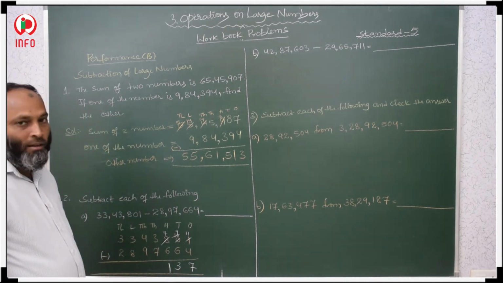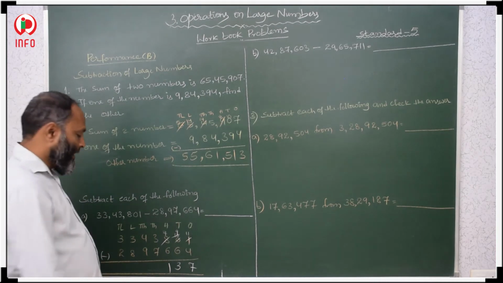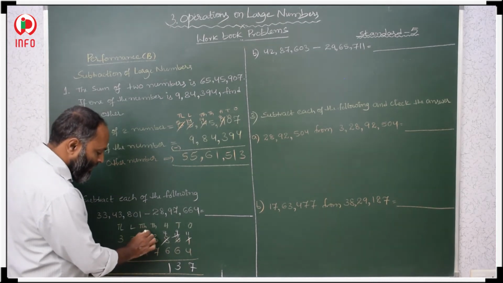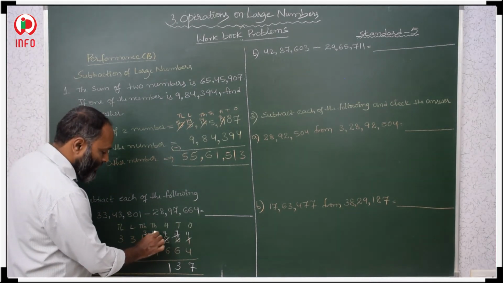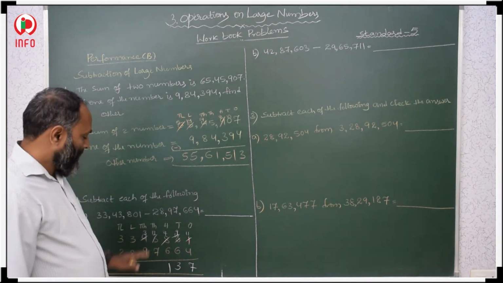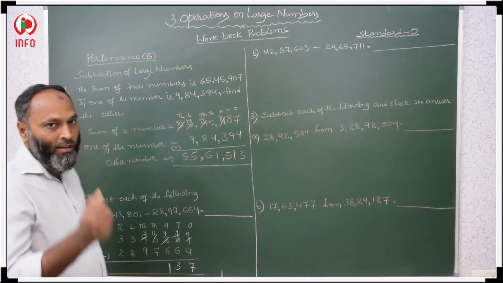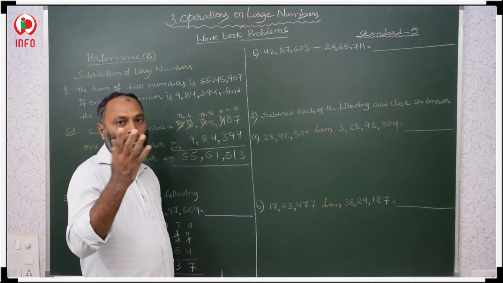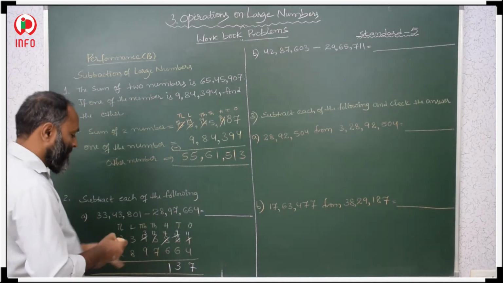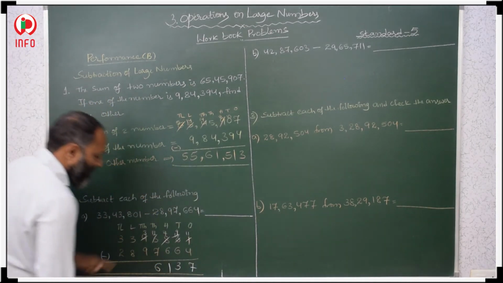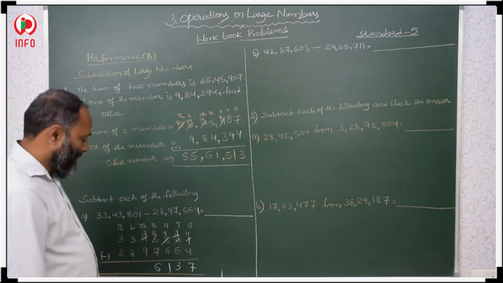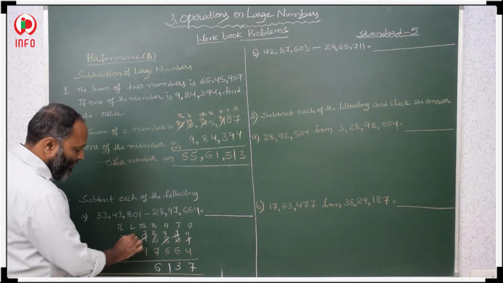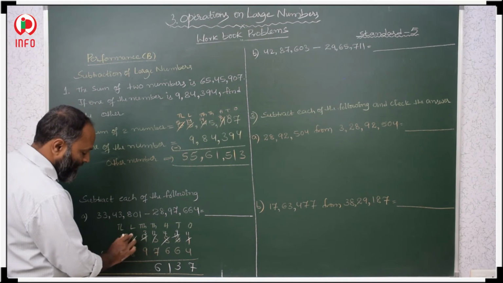3 minus 7, the upper number is smaller, again you take borrow from the next place. It will decrease by 1, it will increase by 10. 3 will get 13. 13 minus 7: from 8 to 13, 8, 9, 10, 11, 12, 13, that is 6. Then 3 minus 9, the upper number is less, again take borrow from the next. Here it will decrease by 1, means here we will get 2.